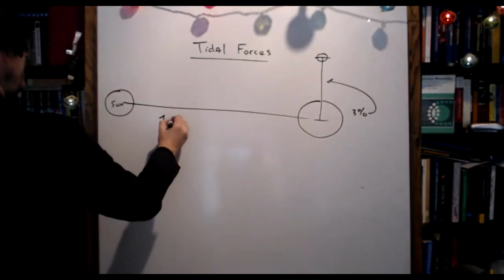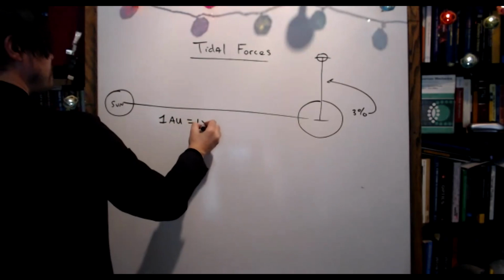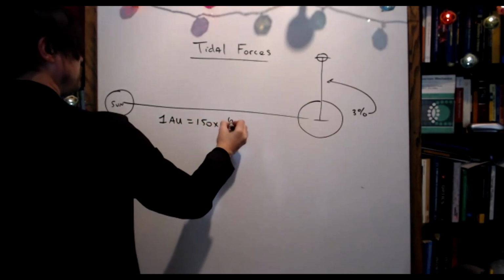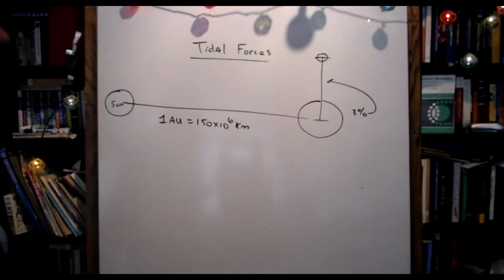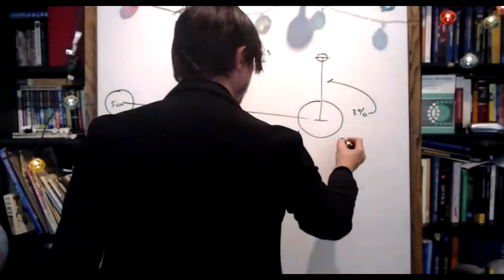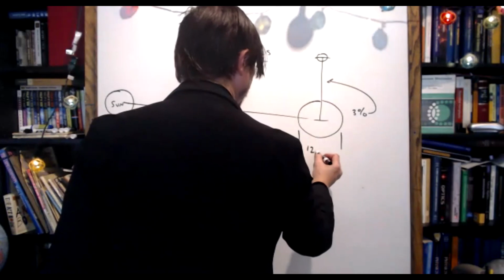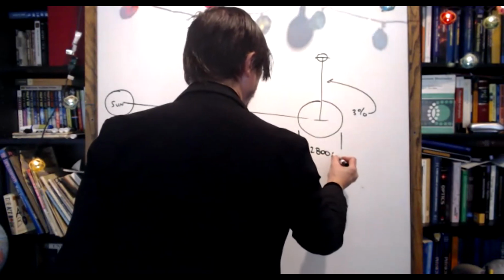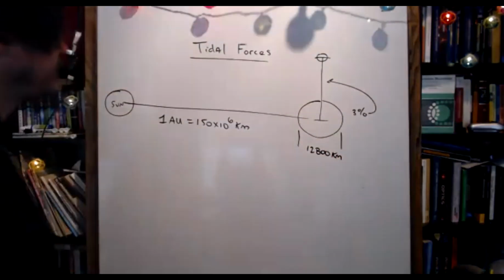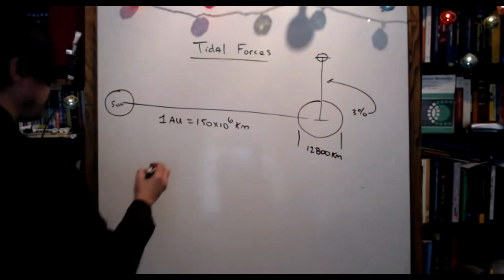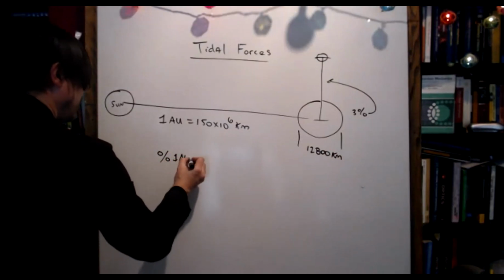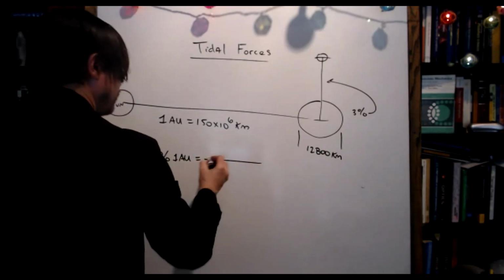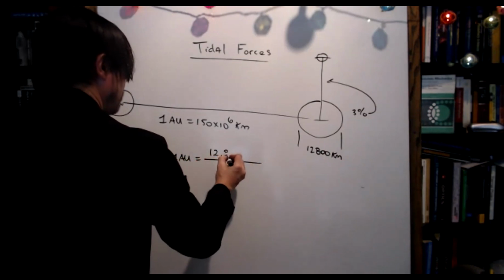The sun is located 1 AU, or 150 million kilometers away. The Earth has a diameter of 12,800 kilometers. Let's figure out what percentage of 1 AU the diameter of Earth comprises.